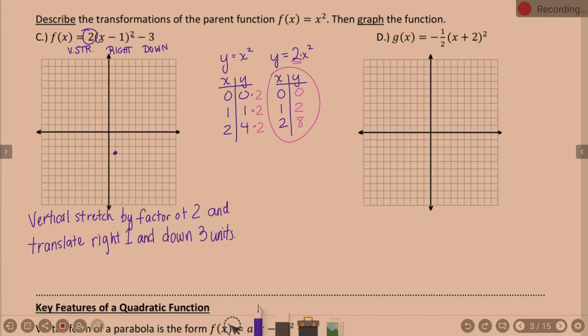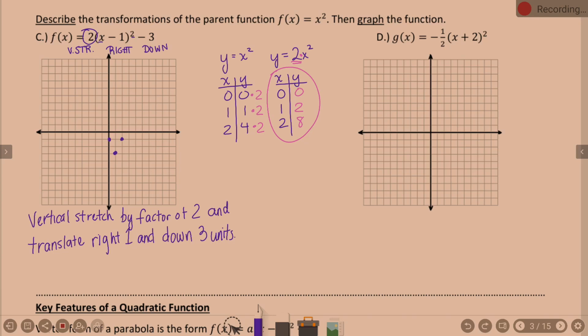Okay. So we already have our vertex. I'm assuming you guys have all had your pictures taken, yes? Okay. We all have our vertex, right? 1, down 3. Now, normally I'd go over 1, up 1. What are we going to do this time? Over 1, up 2. What you do on the right, you do on the left.